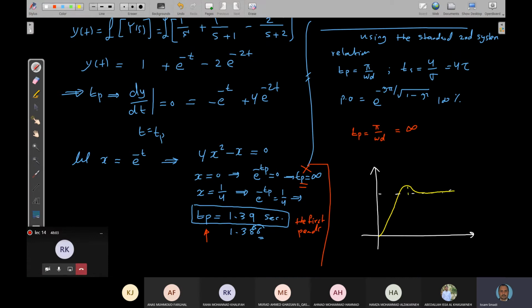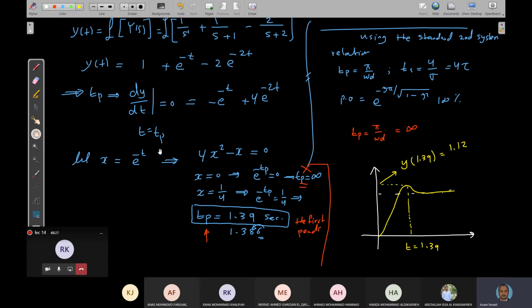Now this one here at T equal 1.39, if I need to find this value, it will be Y at 1.39. I can substitute and evaluate, and this will equal 1.12.